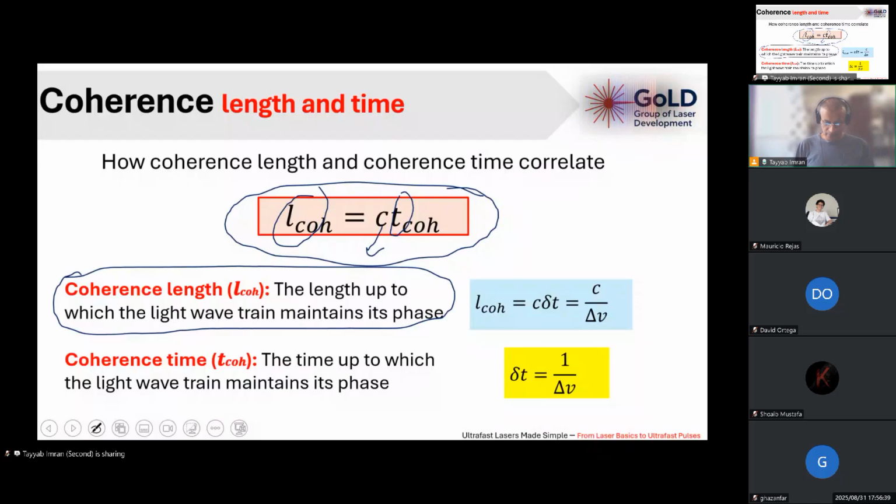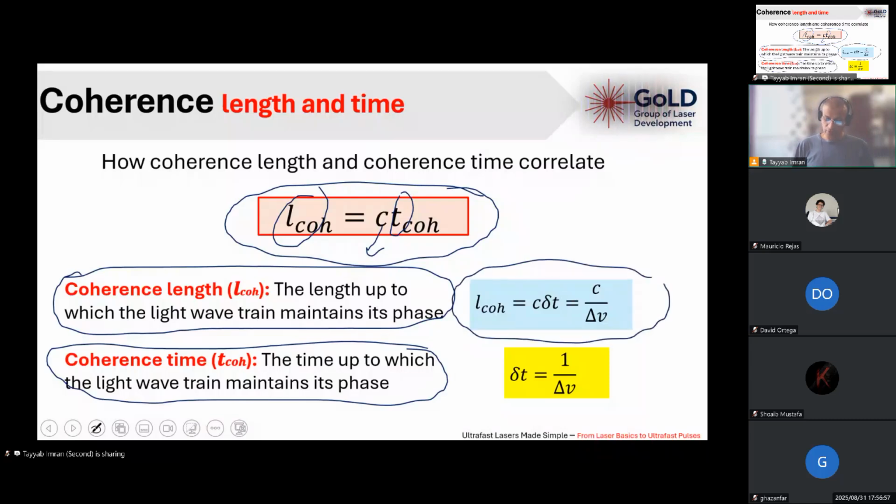And the coherence time is the time up to which the light wave train maintains its phase. This is how we can calculate the coherence length and the coherence time.